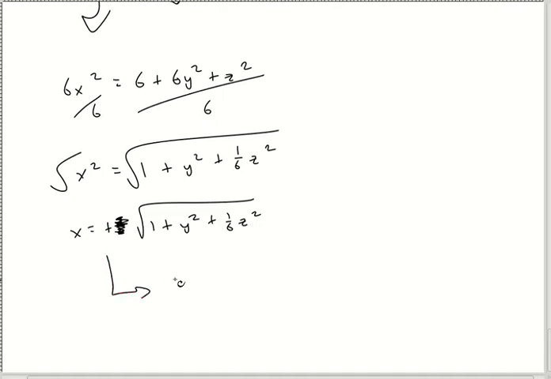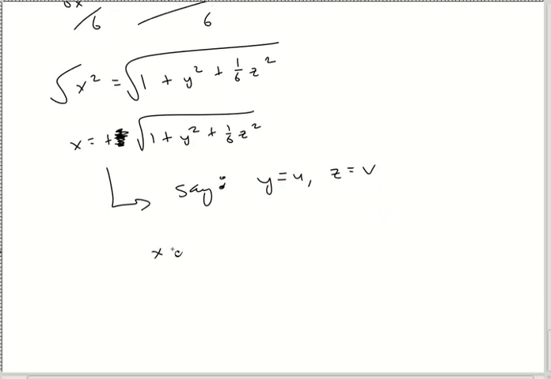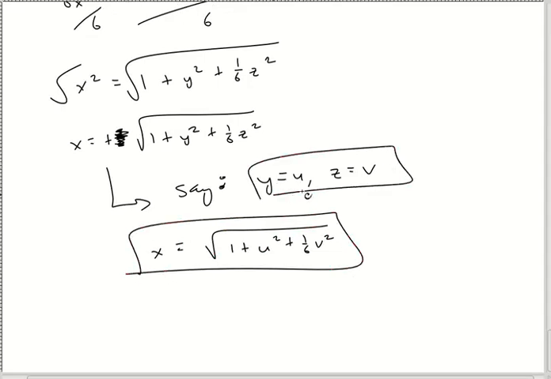With this, let's just say that y equals u and z equals v. And if that's the case, then I got x is equal to the square root of 1 plus u squared plus 1/6 v squared. And literally, that's your answer. There's your answers combined. You put them all in one box, obviously with commas, but there's your answers.